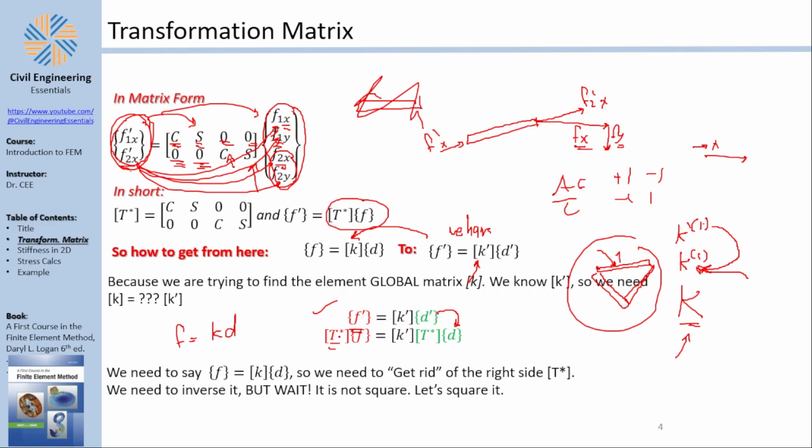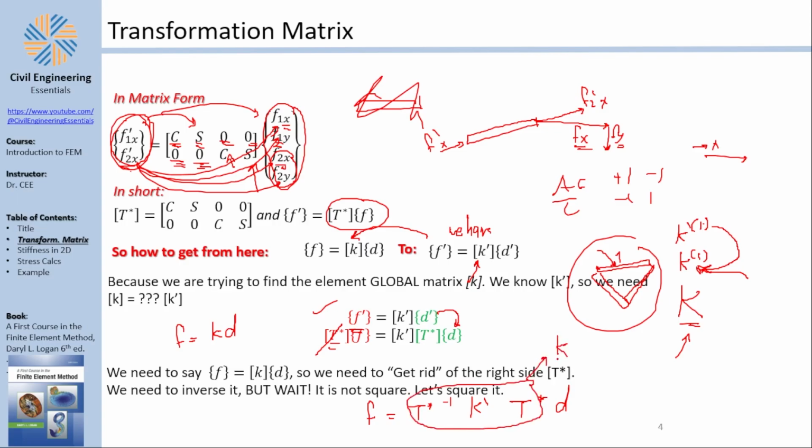It seems that I have to left multiply by the inverse of this. If I somehow can left multiply by the inverse of this, then I would have F equals the inverse of T star multiplied by K local multiplied by T star D. And you can see that this is my global matrix K.